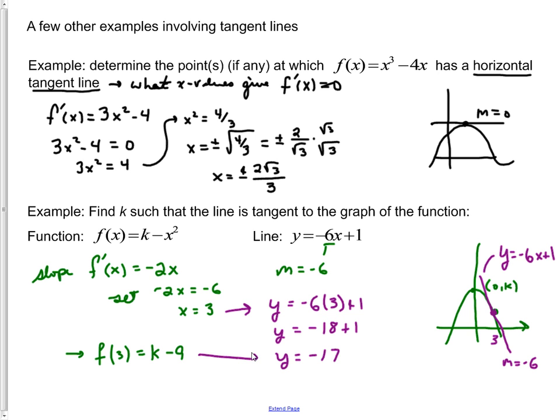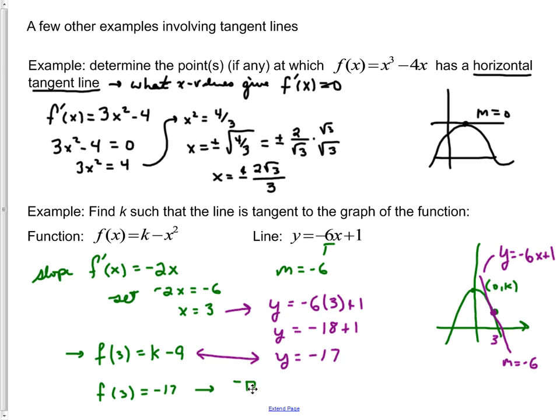So these values have to be the same, right? Because whatever value we get for k right here along this line has to give us negative 17 for y, right? So f of 3 also has to equal negative 17. And so now we've got a perfectly good equation to solve.